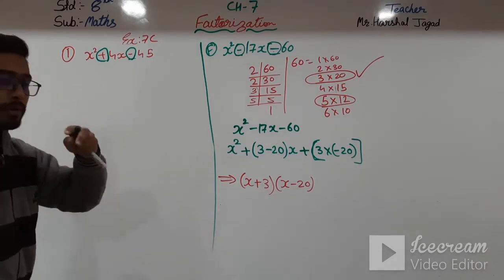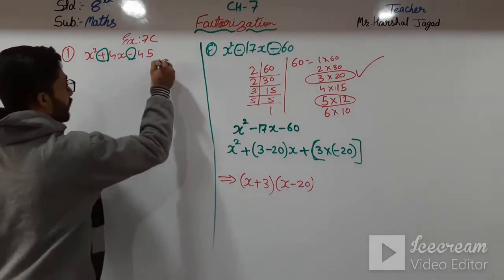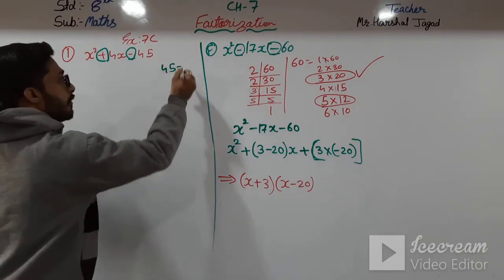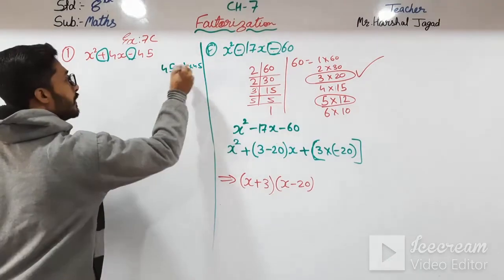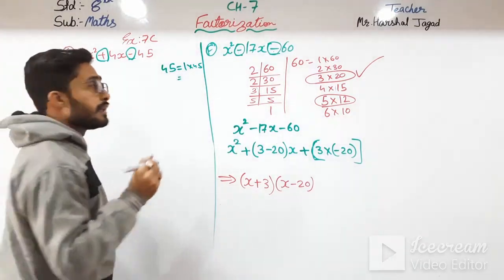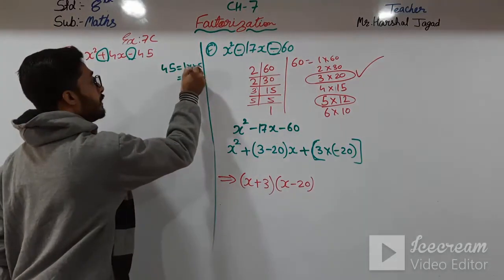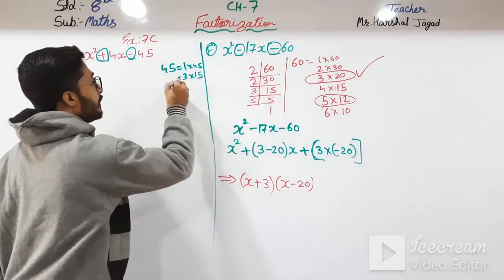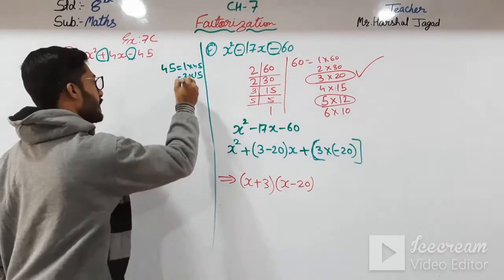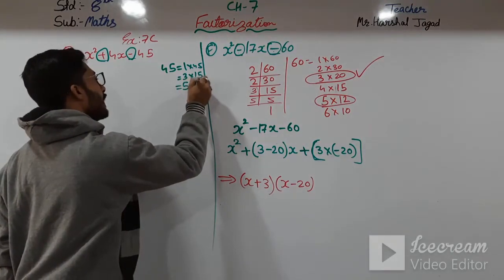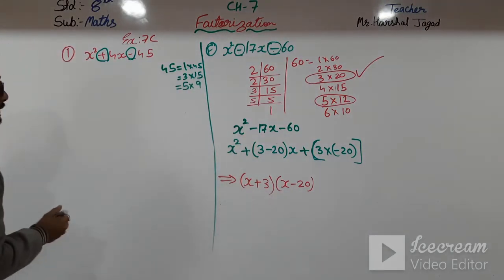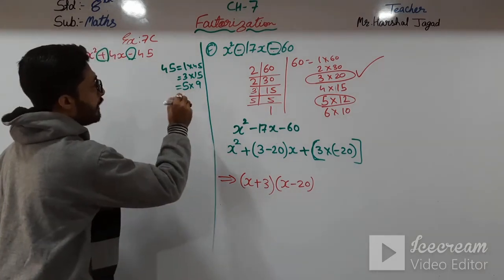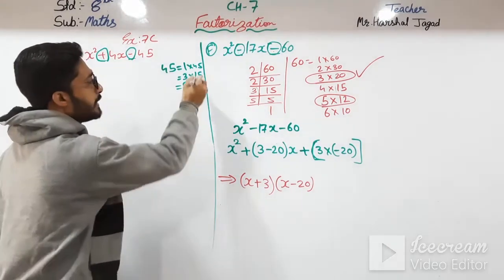will be positive. Okay, so first of all, finding the factors of 45, that is 1 into 45, 2 will not be there, 3, yes, 3 fives are 15, then 4 no, 5, yes, 5 nines are 45, and 6 not, 7 not, 8 no, 9, yes, it is there.